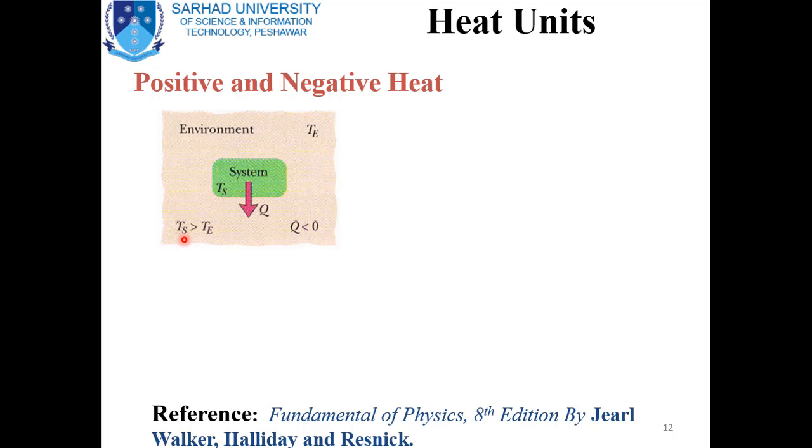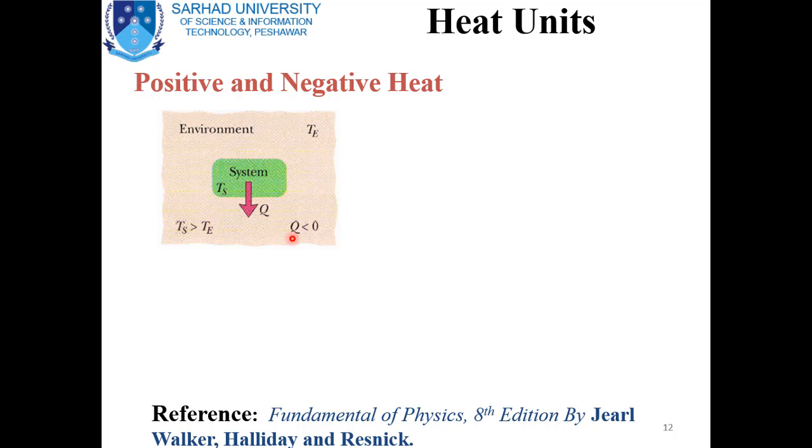And when TS is greater than TE, that is, the temperature of the system is greater than the temperature of the environment, then heat must be transferred from system to environment. And the outward arrow shows us that the heat is transferred from system to environment, so Q is negative, which is less than 0.